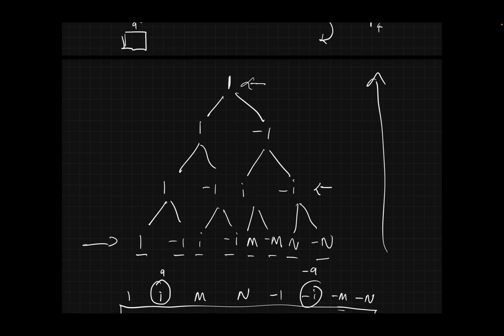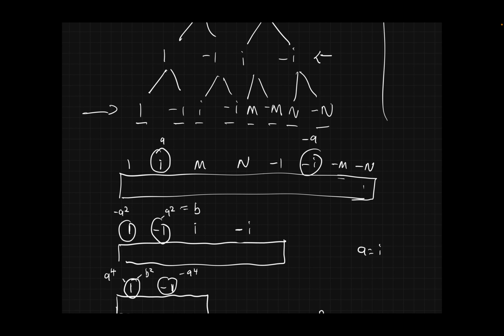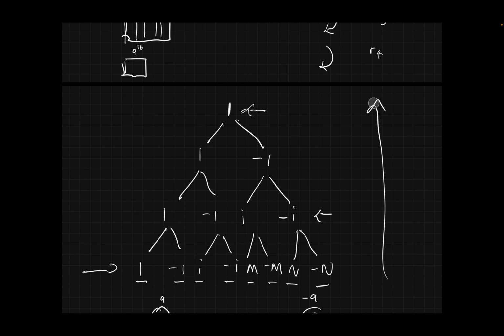So there are multiple arrangements you can do for this, right? You can do 1, minus 1, then m, minus m, and let's say i, minus i, and n, minus n, right?